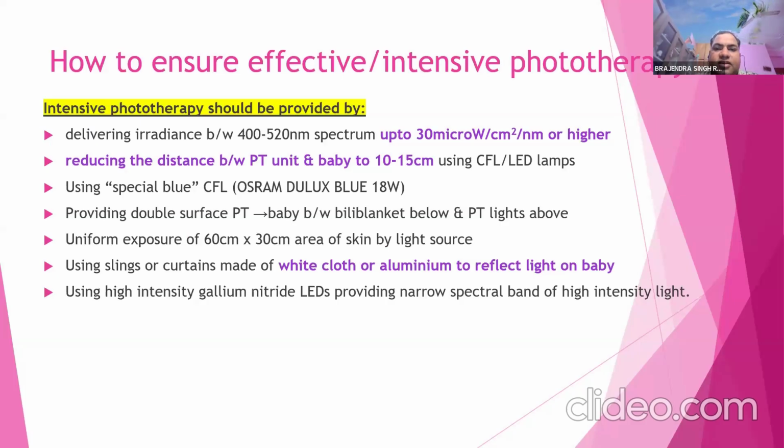And intensive phototherapy में हमें क्या ध्यान रखना है, these are the highlighted points: radiation of 30 microgram or higher, and reduce the distance of the unit and baby to 10 to 15 using CFL LED lamp. मतलब क्या है, जो तुम्हारे पास यूनिट है उसका डिस्टेंस जो 35 का रखा था वो आपने 10 से 15 कर सकते हैं. And provide double surface phototherapy, baby between belly blanket below and phototherapy lights above.